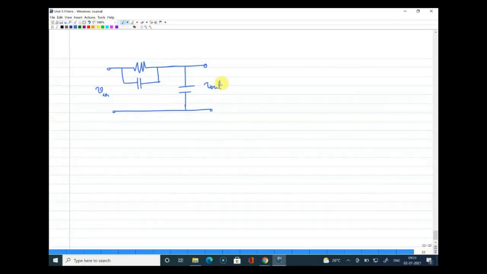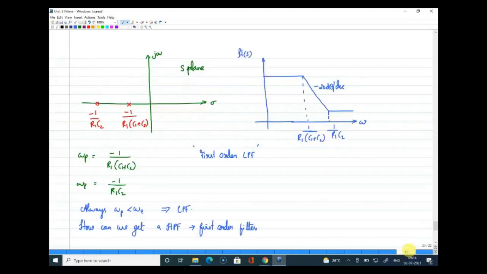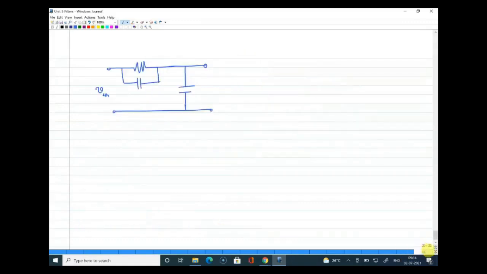Now, if I want to make the pole larger than the zero, I can simply add one more resistance over here. Let me name these R1, C1, C2 and R2.